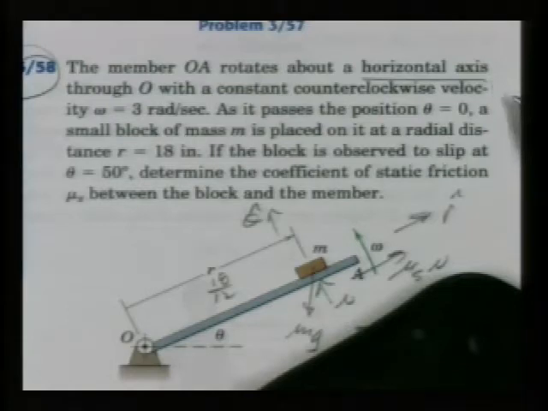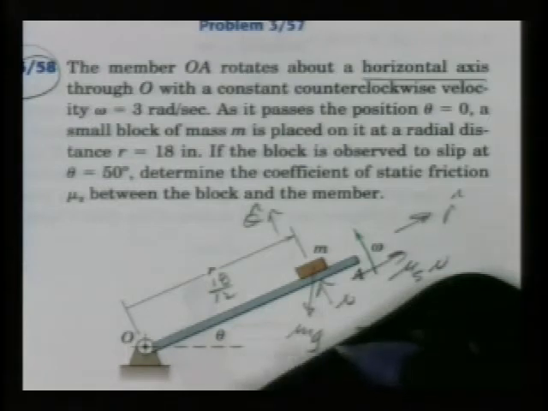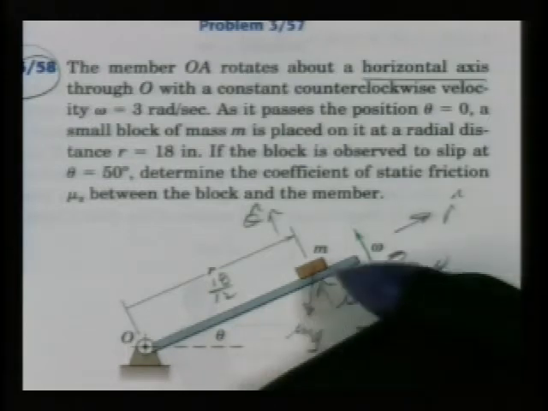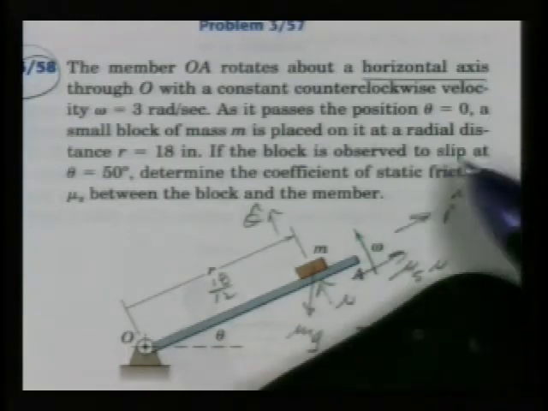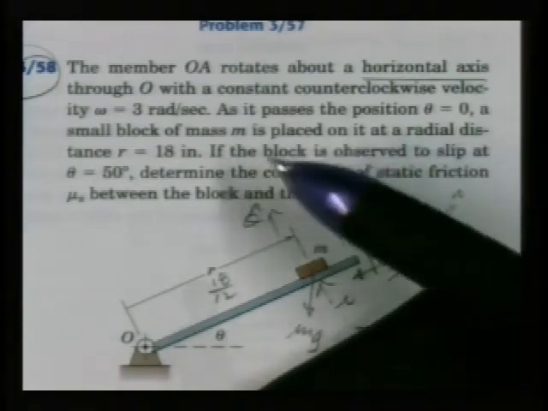So the bar is rotating counterclockwise at 3 radians per second, almost half a revolution per second, pretty quick. Passing through position O, when theta equals 0, a small block is then placed on it, when this is lying down here horizontal. As this rod now rotates upward, and the radial distance is 18 inches.